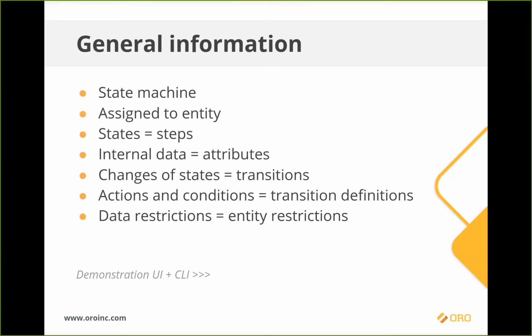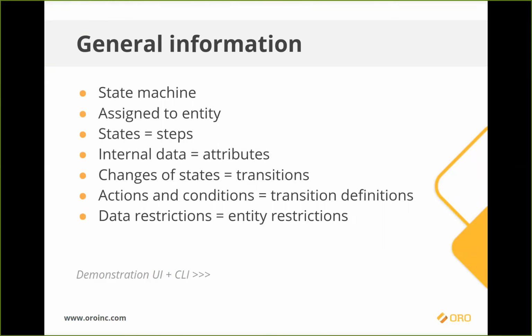You can assign some transition, and to this transition, you can assign really complex flows without creating classes and logic in code, just reusing ready-to-use blocks called actions. And also, you can create some data restrictions, like entity restrictions. For example, a specific status can be restricted to only selected values in scope of this workflow.